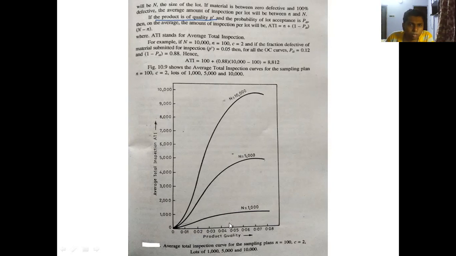What is product quality? Product quality means the fraction defective of material submitted for inspection. That means P dash. So if P dash is 0.5, you can see that in this case you are getting almost 8,812. You make a straight line and you will find this value.